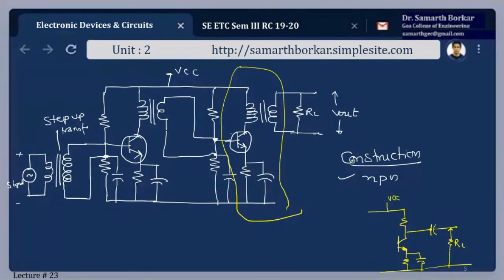Now see, there are certain drawbacks here. The first drawback is, when we talk about multi-stage amplifiers, there are some five or six stages, and the final stage will always drive the speaker. If I'm talking about audio amplification in a public address system, the final stage will be a speaker.